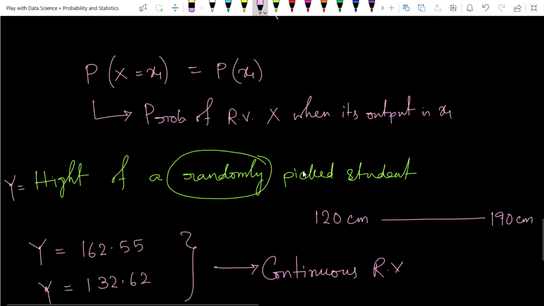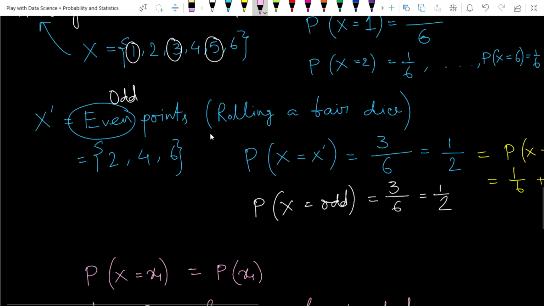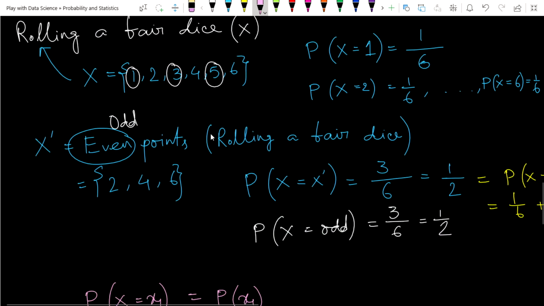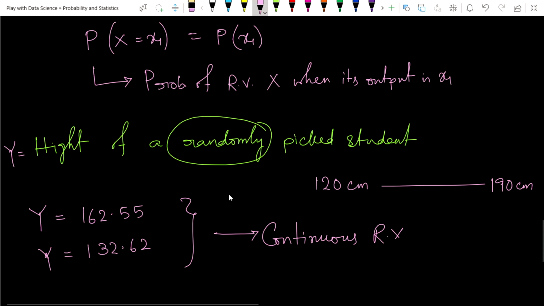But here, you see, we have done the experiment of rolling a fair dice, and there are only 6 chances. It may be 1, 2, 3, or 4, 5, 6. We can count these outcomes, but here we cannot count these outcomes.